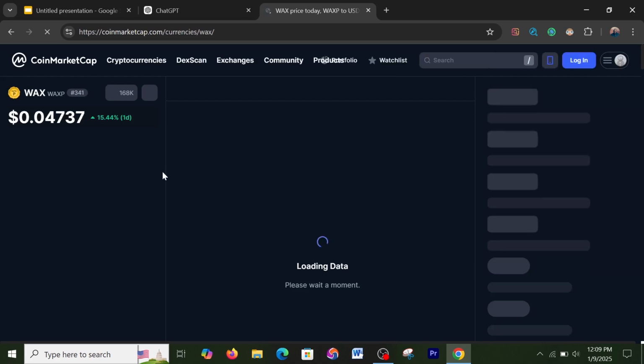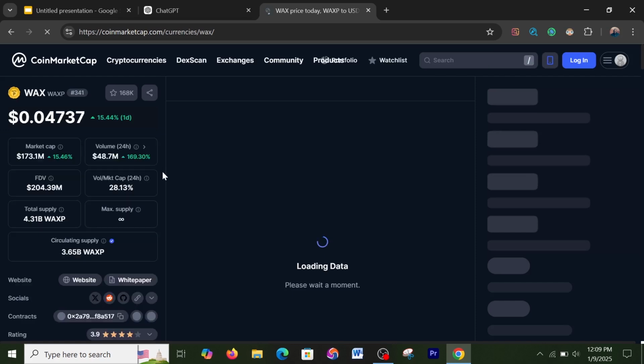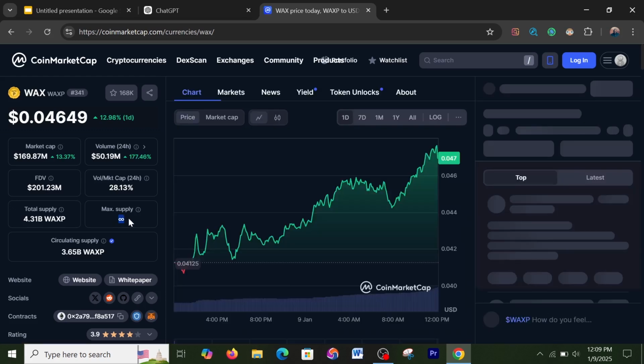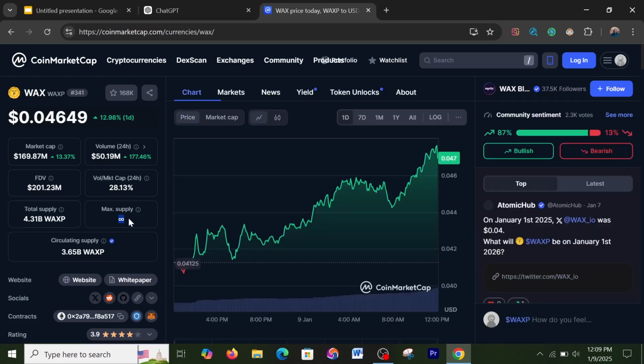Let's just wait for this to load. So you see this infinity. It means this is a token whose maximum supply will continue to increase, meaning the total supply will also continue to increase, meaning the circulating supply will also continue to increase. So there is no hard cap saying, look, this is the maximum that will ever be created, because tokens like this don't have a maximum supply.